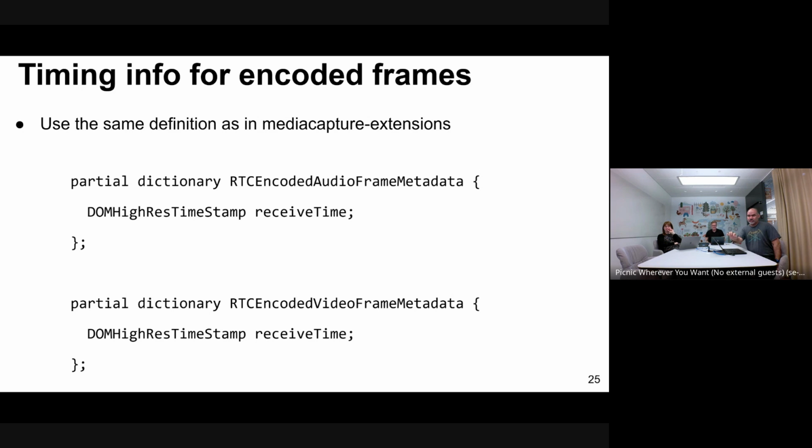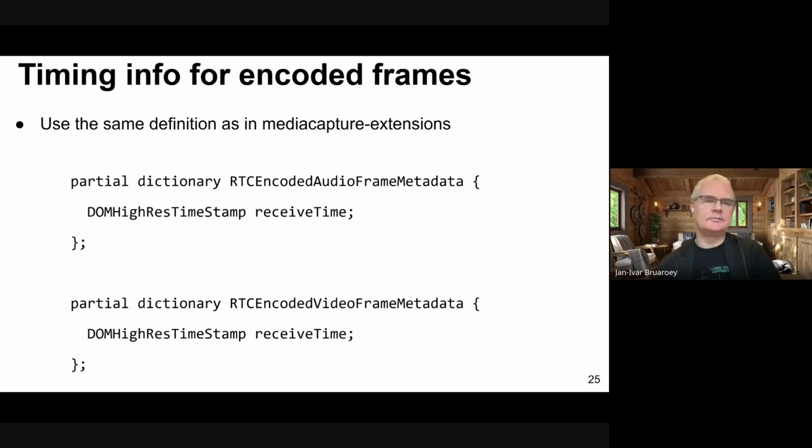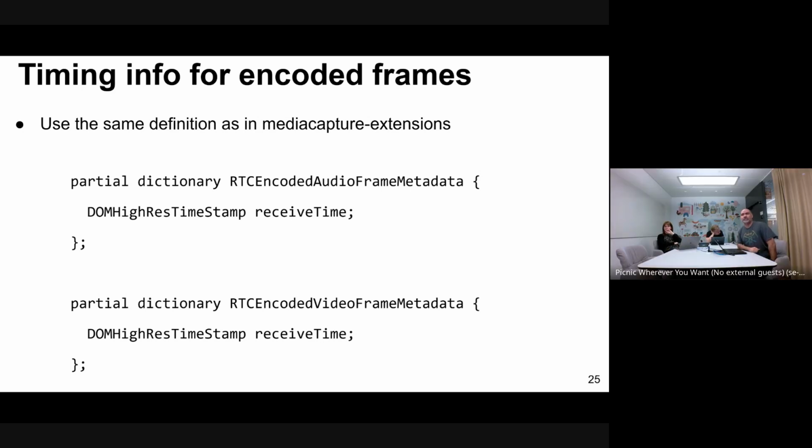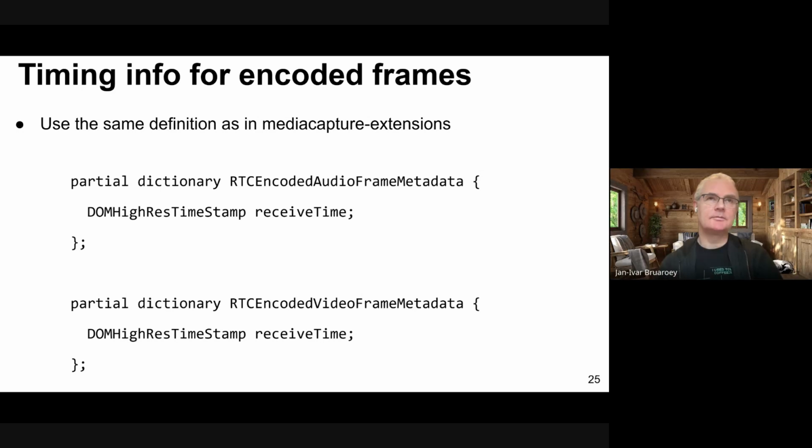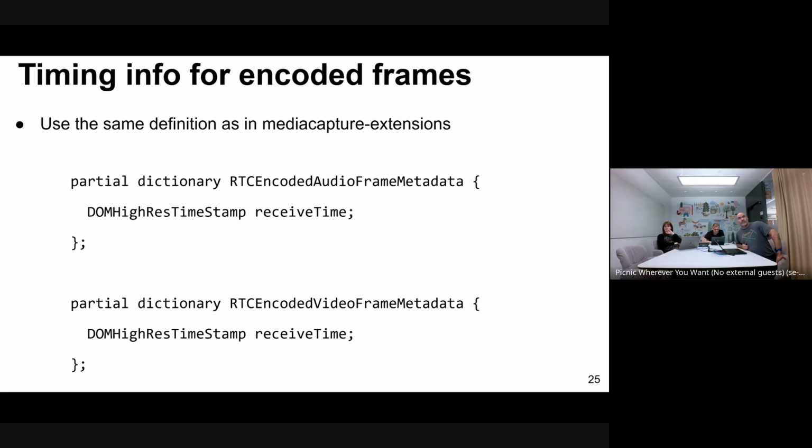So basically it tells you, this is the time when you got everything you need to start processing that frame, to start decoding it and doing things with it. So basically, when you finish receiving the encoded frame. Receiving it from where? For a remote frame, receiving it from the peer connection.